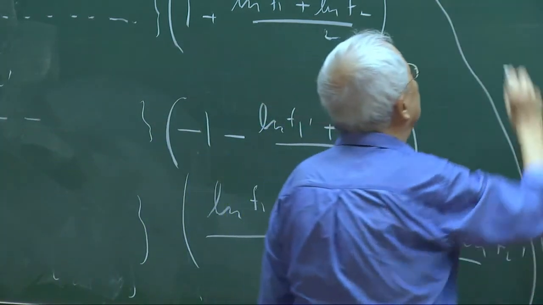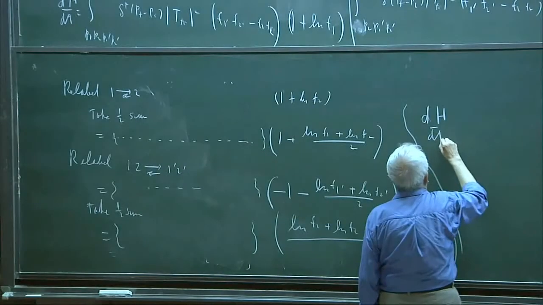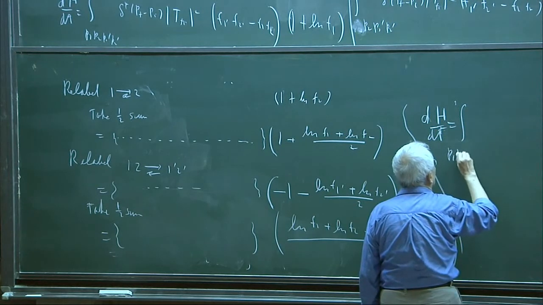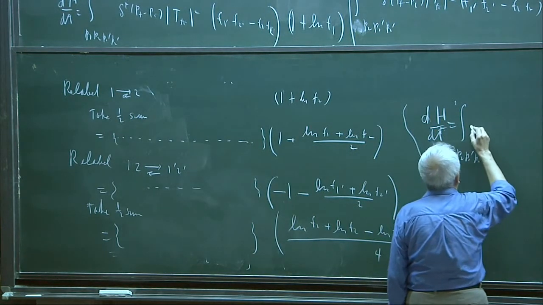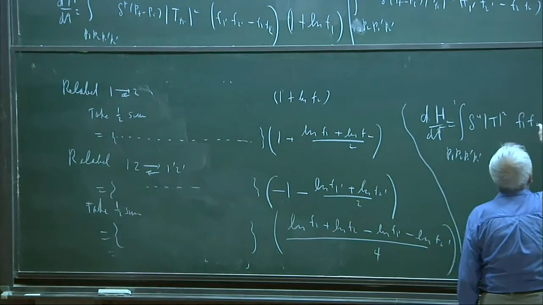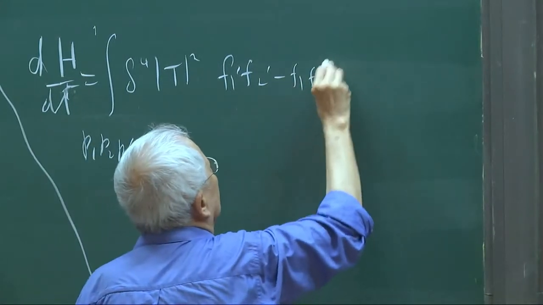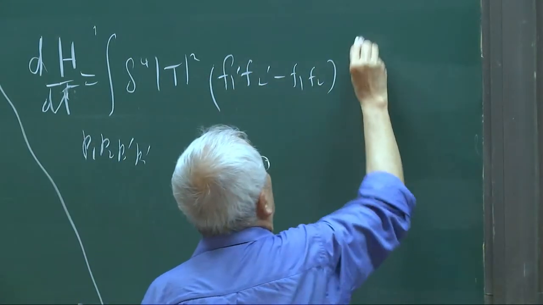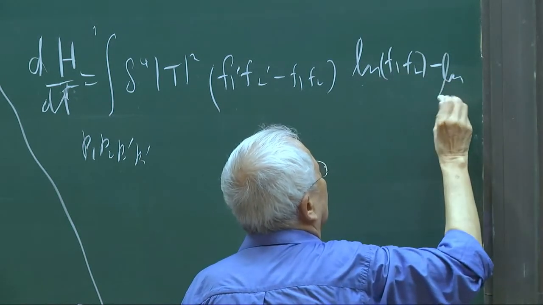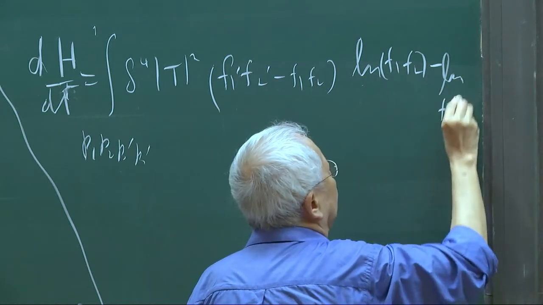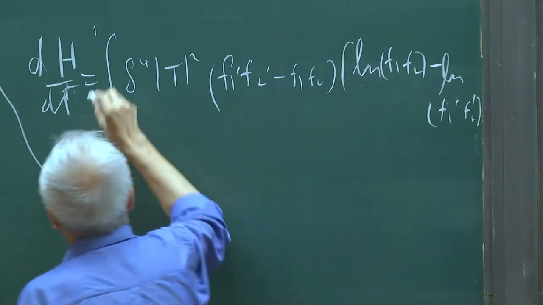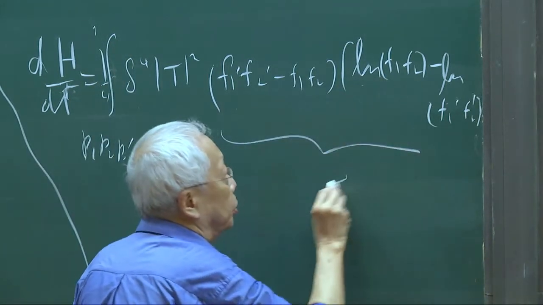So now I have dH/dt is equal to the integral over all the momenta, P1, P2, P1 prime, P2 prime, this delta function, this T matrix squared times F1, F2, 1 minus F1, F2 times log of F1, F2 minus log of F1 prime, F2 prime, times 1/4, and this term is always less than or equal to 0.